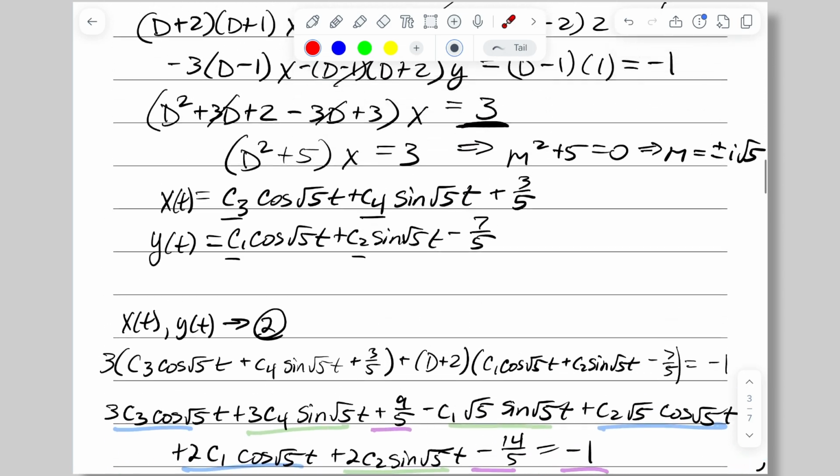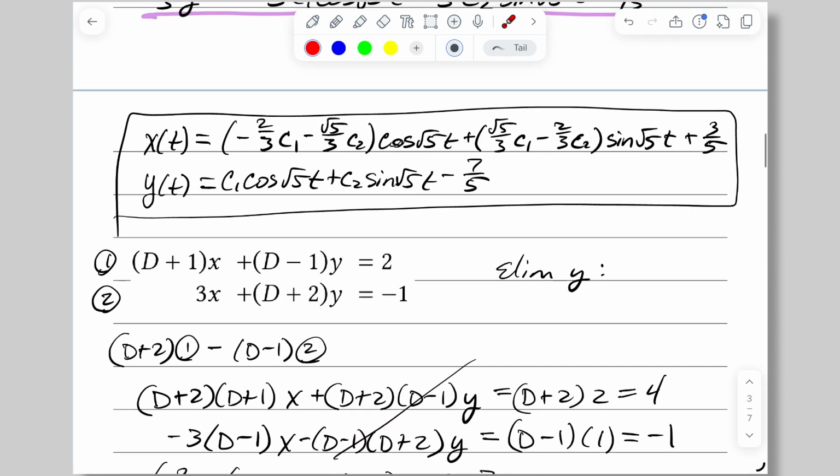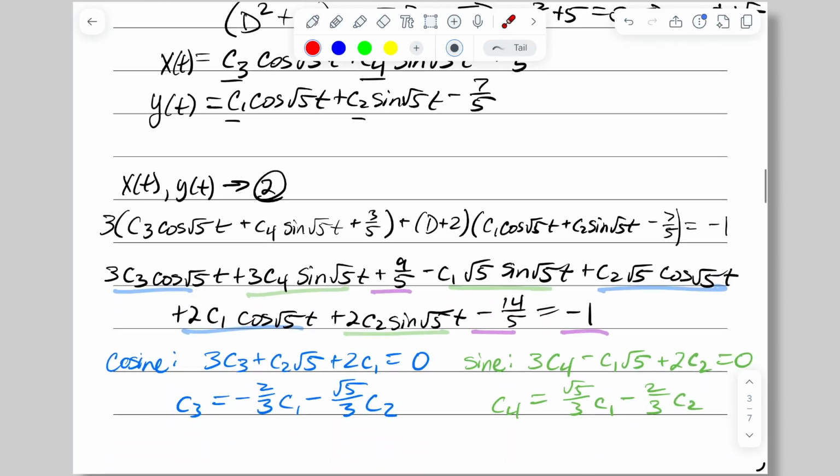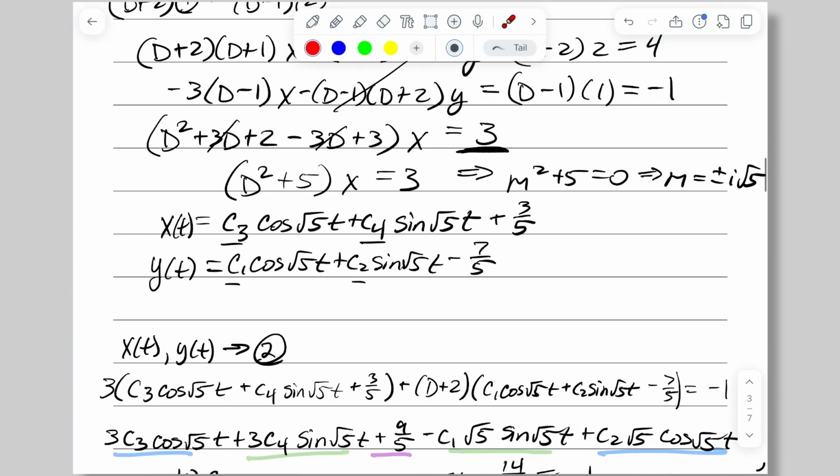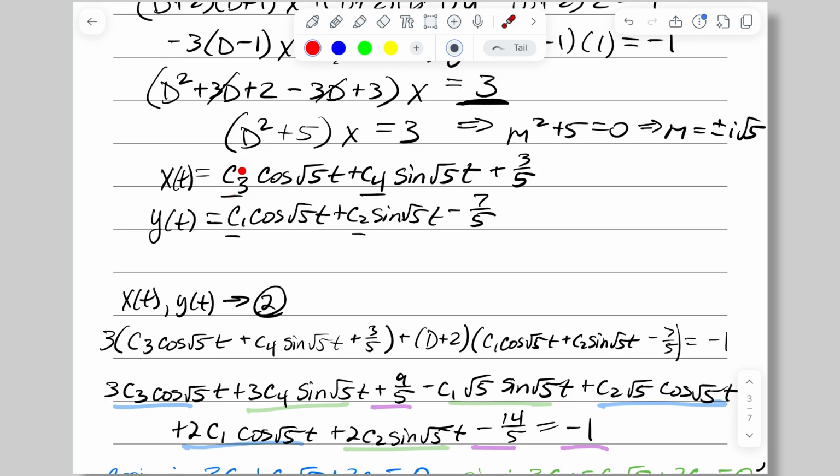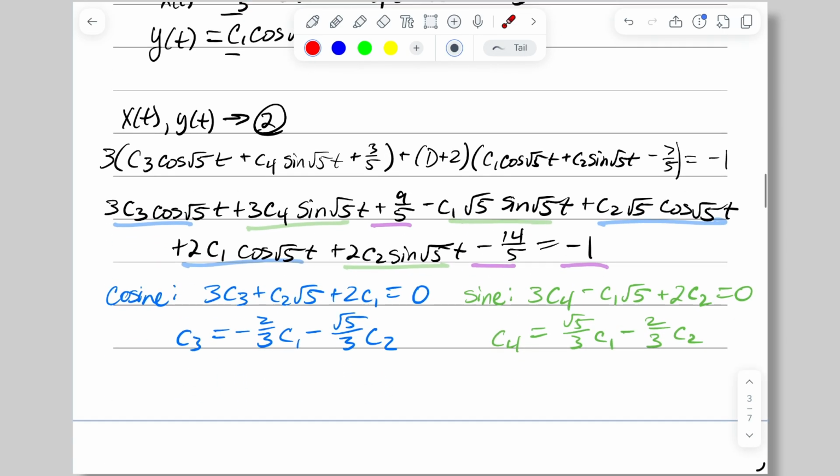Now, if you look at the other solutions that we came up with, the cosine term has a coefficient of -2/3 C1 minus square root of 5 over 3 C2. In the second round, we represented that coefficient using C3, and here we have C3 equaling the same expression.